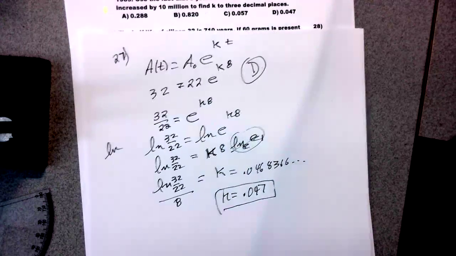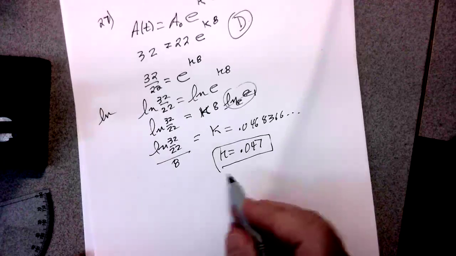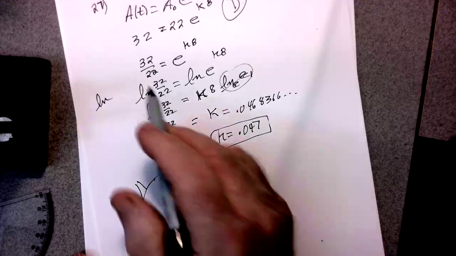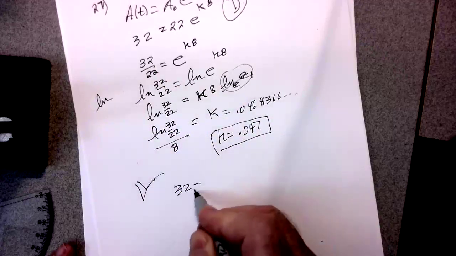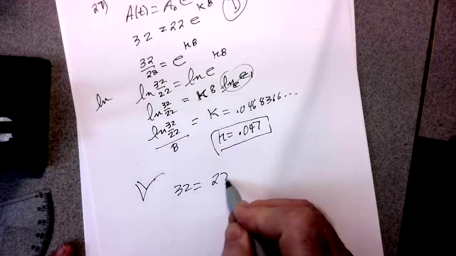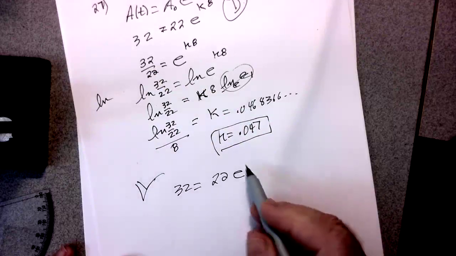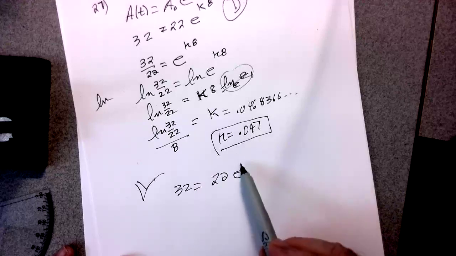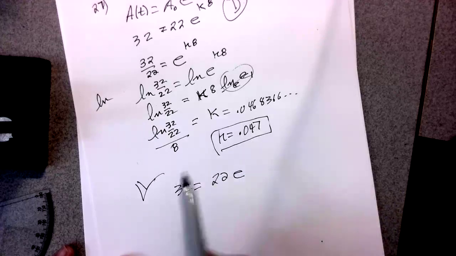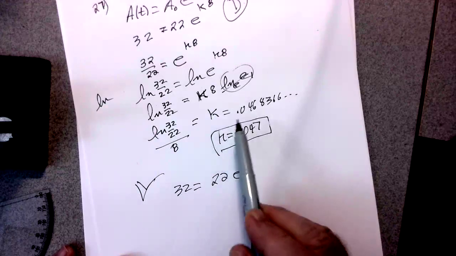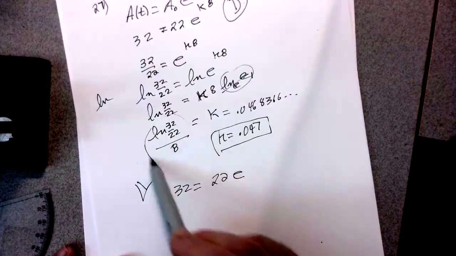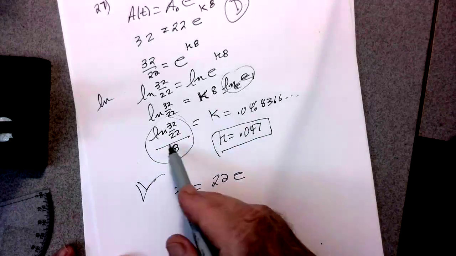I hope this doesn't confuse you, but let's just take one more step here and check this. What I want to know is if 32 is equal to 22 times e to the k. What I want to do is input this exponent such that I'm going to get the calculated value in my calculator, so I'll have all these decimal places. Ready?